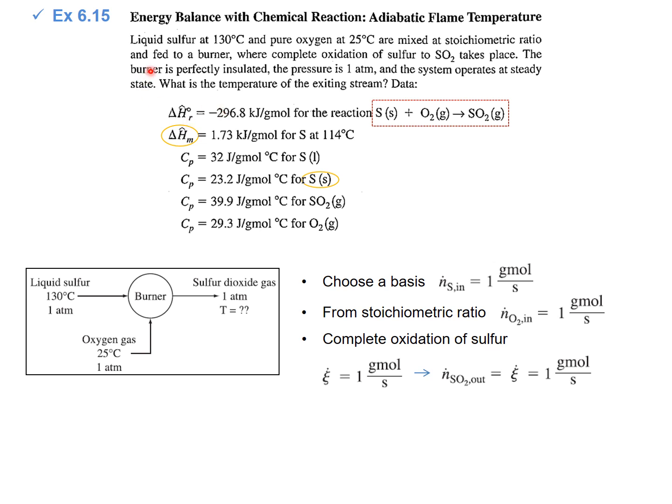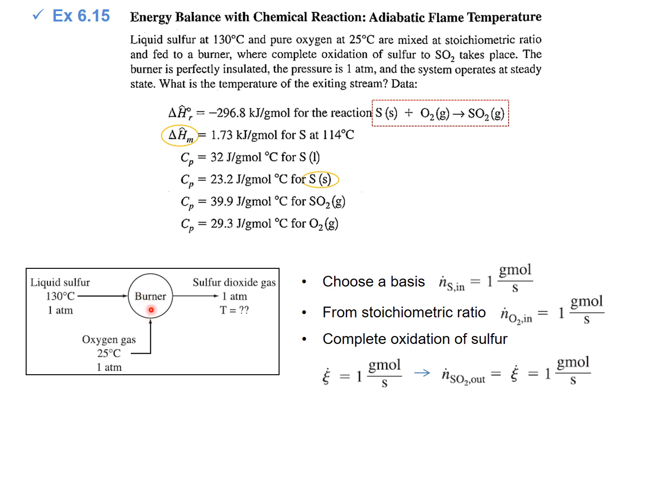Example 6.15, energy balance with chemical reaction. Here in this example we will involve chemical reactions in this process. So liquid sulfur, okay, here's the situation. Here is a burner and liquid sulfur is introduced into the burner. At the same time, oxygen gas is introduced into the burner.